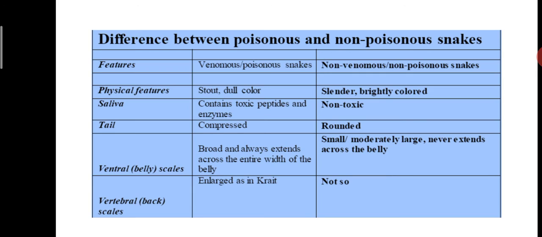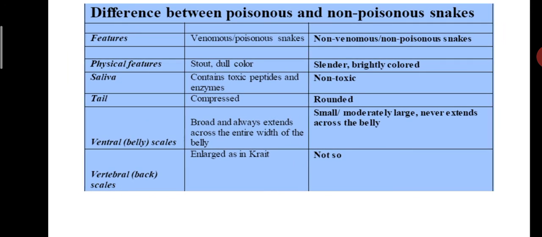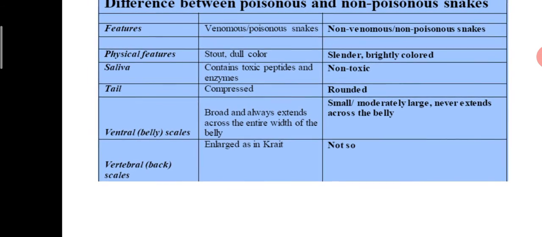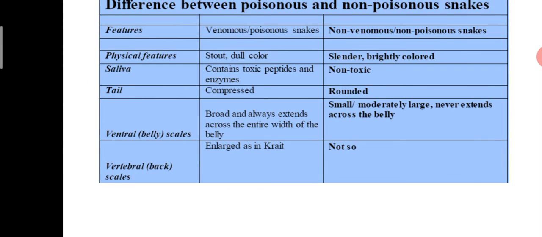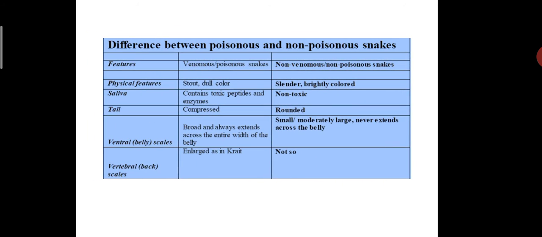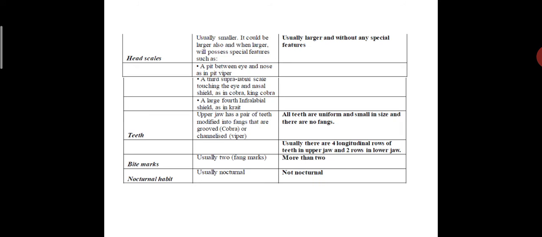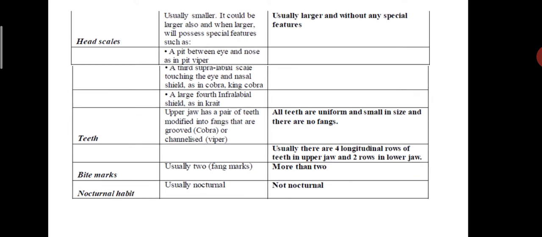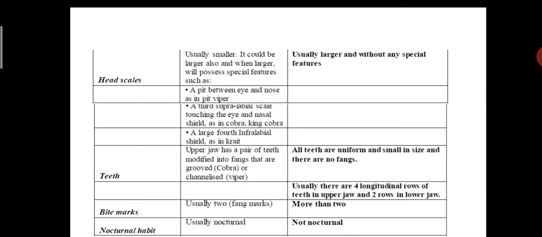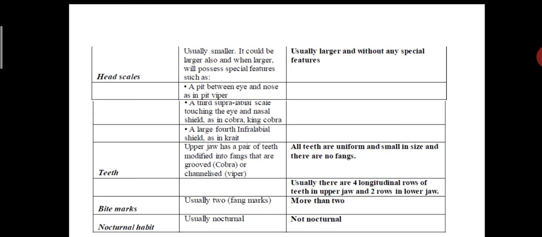Belly ventral scales are broad and always extended across the entire width of the belly, small in non-poisonous snakes. Vertebrals, the back scales, are enlarged as in the krait, not so in others. Head scales are usually small, usually larger in the non-poisonous snake.